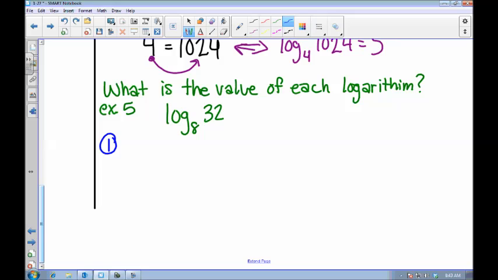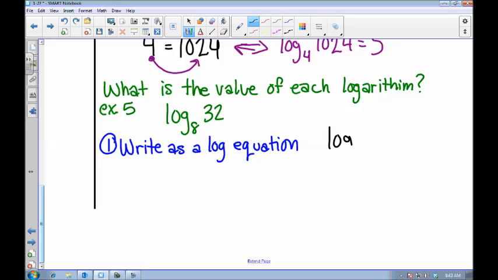Okay, the first step is to write it as a log, the abbreviation for logarithmic equation. We want to evaluate it, so we need an unknown value, which would be x, right? Because we don't know the value of it yet. So by making it equal x, it's now an equation.